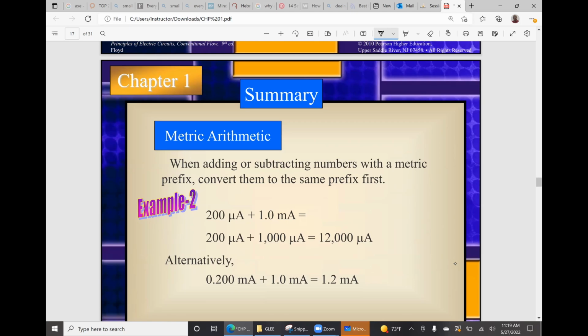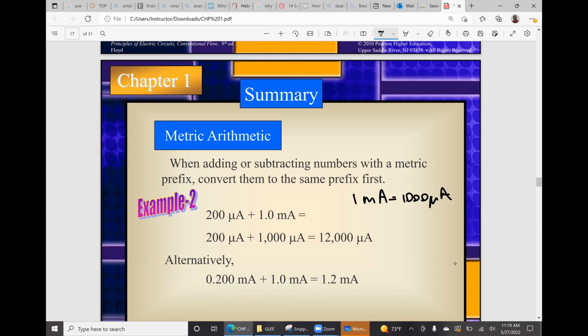Okay, what about addition? If you're going to add two numbers here, say we have 200 microamps and 1 milliamp, we cannot just add these together. We need to put them in the same prefix or the same suffix to add them. We know that 1 milliamp is equal to 1,000 microamps, right?